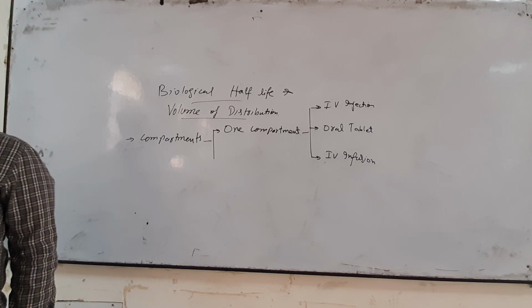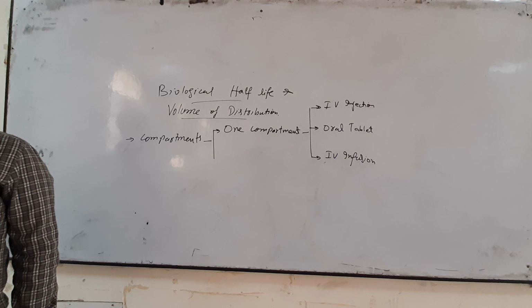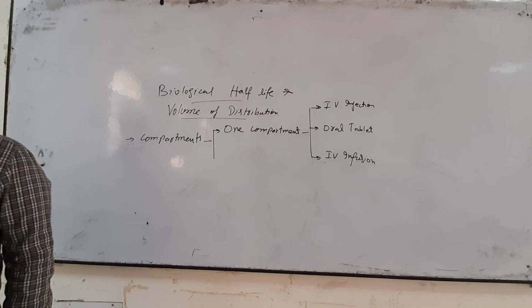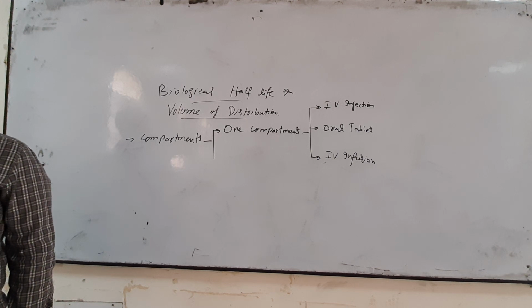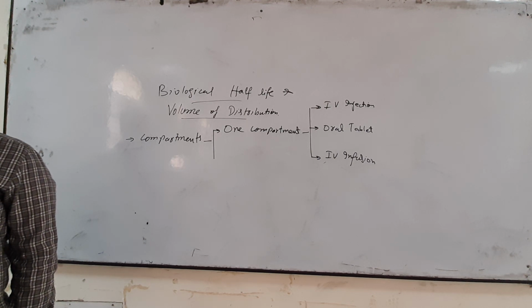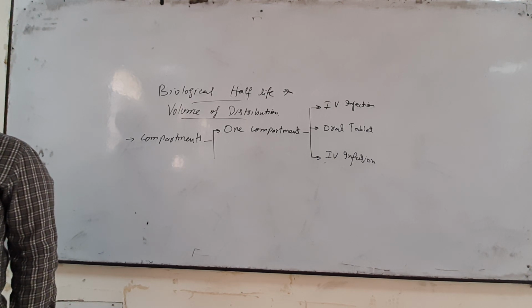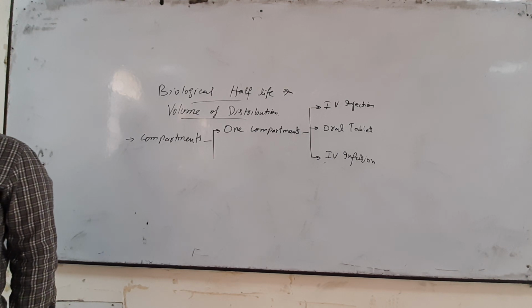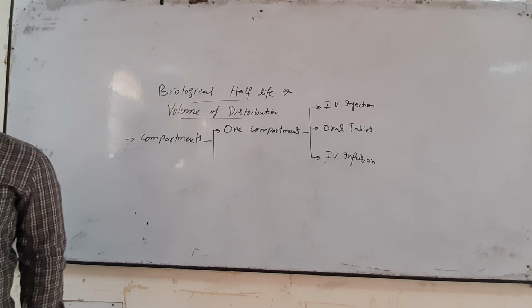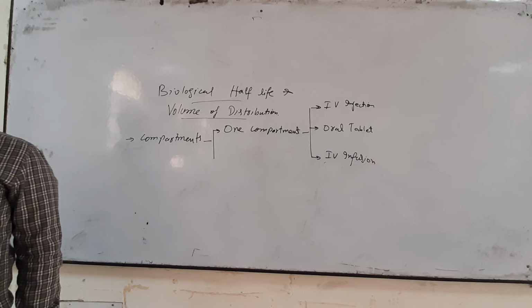One is there is no metabolite. Other is drug follows passive diffusion. You people know passive diffusion means it's concentration dependent diffusion, and the basic phenomenon of this type of diffusion is the change of concentration from higher to lower.